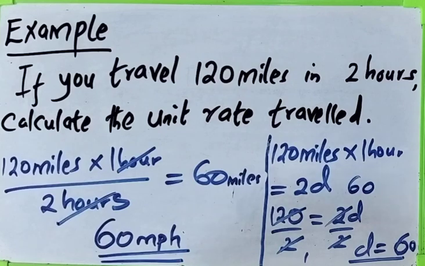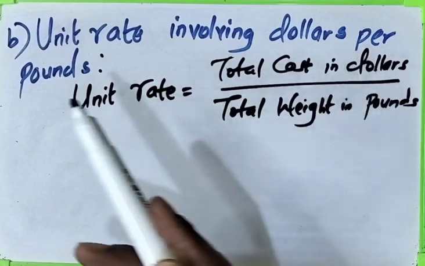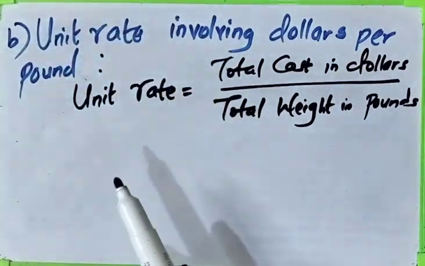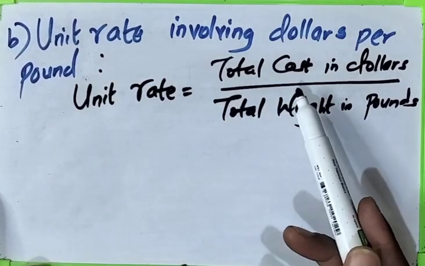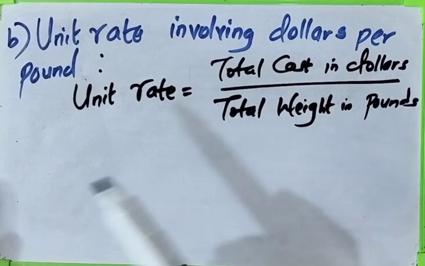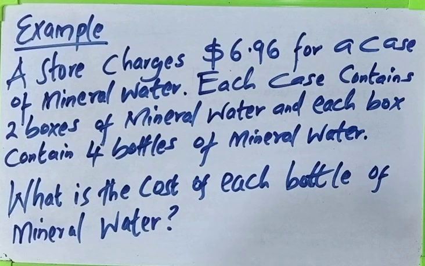Second example, in unit rate involving dollars per pound, the formula shall be total cost in dollars over total weight in pounds. Let us do an example. Our example is also a word problem. Read with me.